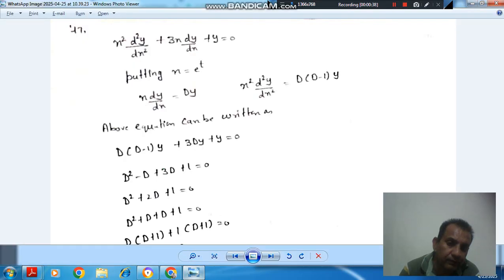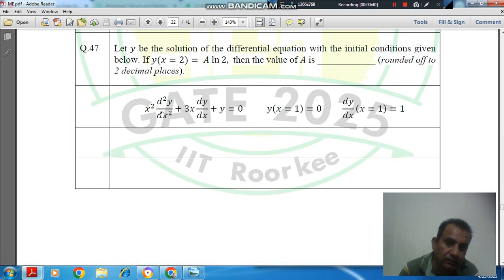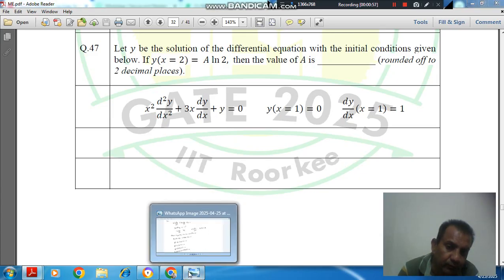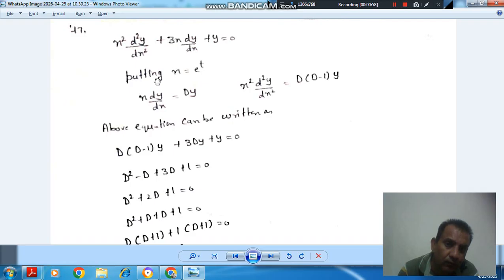So here the given differential equation is x square d square y by dx square plus 3x dy by dx plus y is equal to 0. To solve such type of equation, we'll put x is equal to e to the power t, so x dy by dx is equal to Dy, and x square d square y by dx square is equal to D bracket D minus 1 bracket close y.